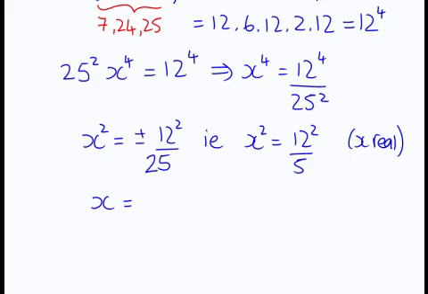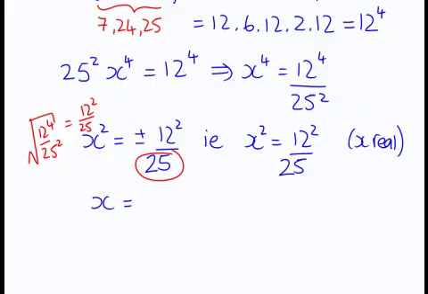If I square root 12 to the 4 over 25 squared, I actually get 12 squared over 25. So that should have been a 25, and I only had a 5 there before, so I apologise for that. So x squared should be 12 squared over 25, and what that means is that x is plus or minus 12 over 5. And we could have either answer for that, so we need to work with both.